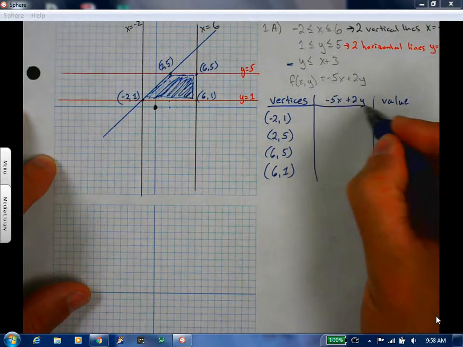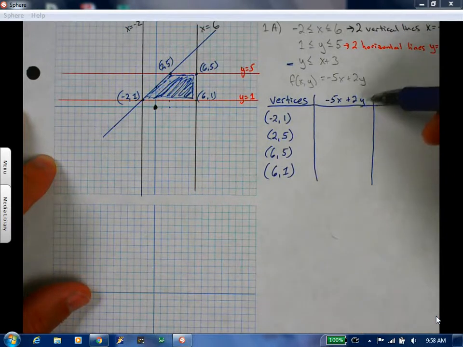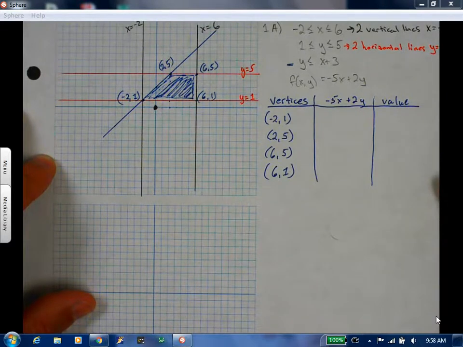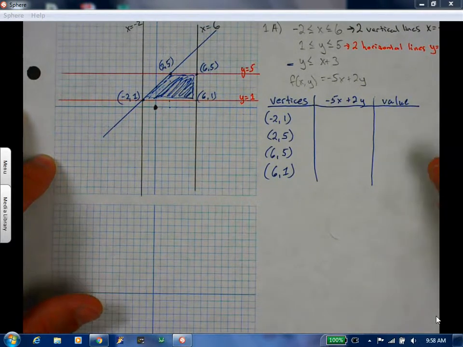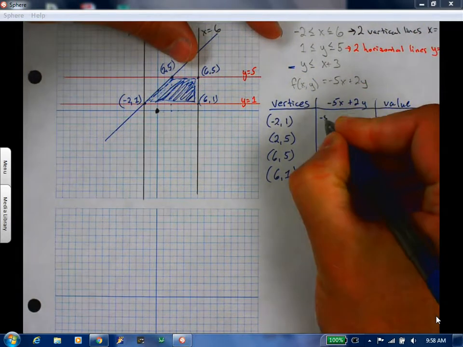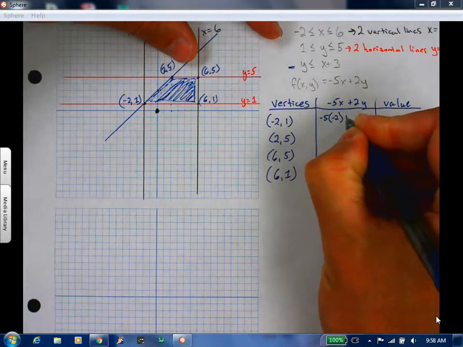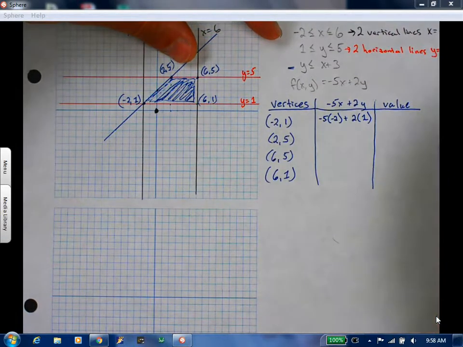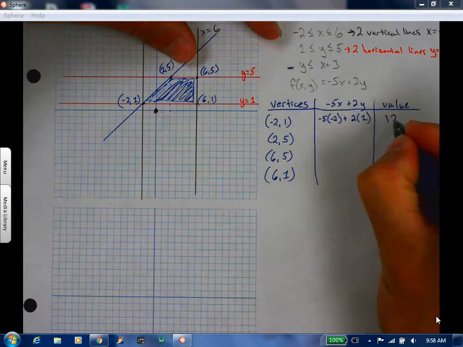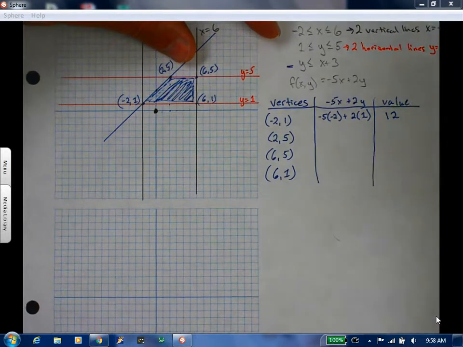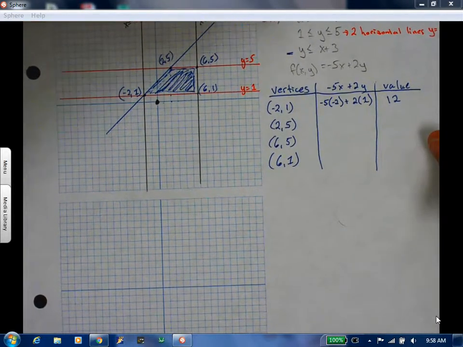So the function goes right next there. This is what I have to calculate. And I want to find out what these equal. And I'm looking for the minimum and the maximum. So for me, I would take negative 5 times negative 2 plus 2 times 1. And I get 12 there. So this function could represent how much money they make on certain products at this rate.